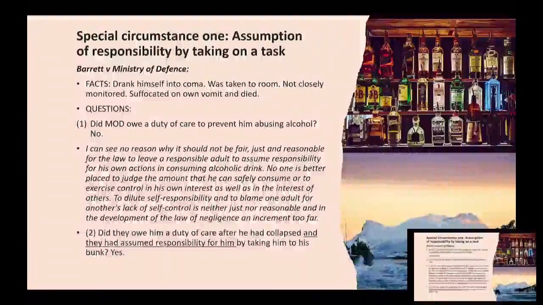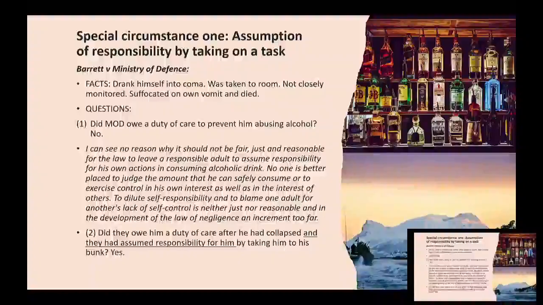Okay, after the defendant assumed responsibility for Mr. Barrett on his collapse, the measures taken fell short of the standard reasonably expected. They did not summon medical assistance, and their supervision was inadequate. And it seems the duty arose at the moment the senior officer ordered that he be taken to his cabin.